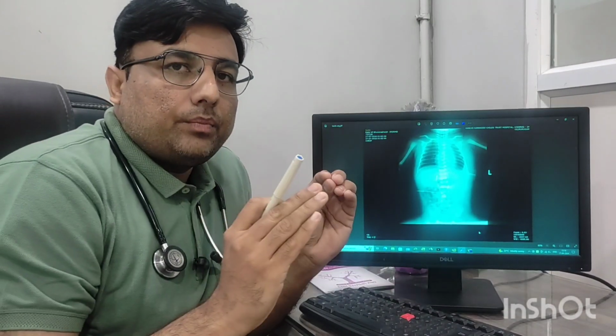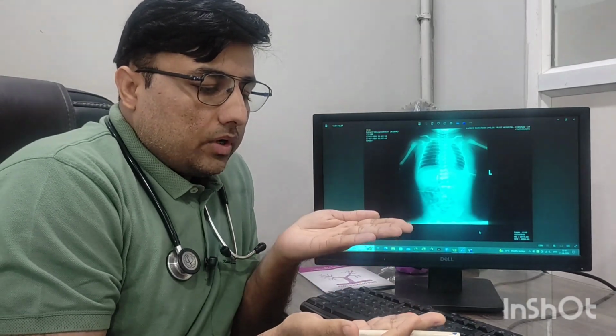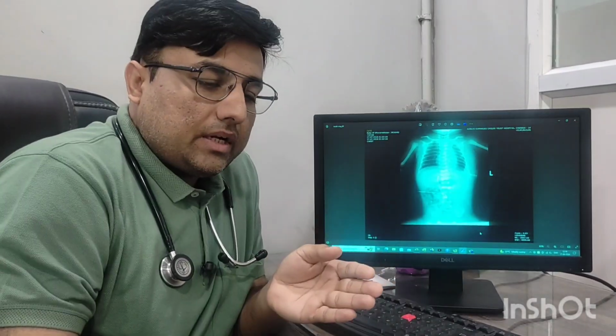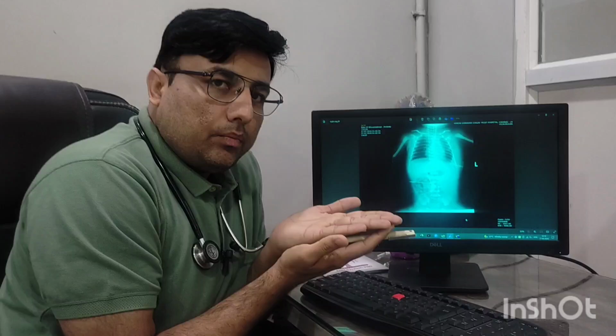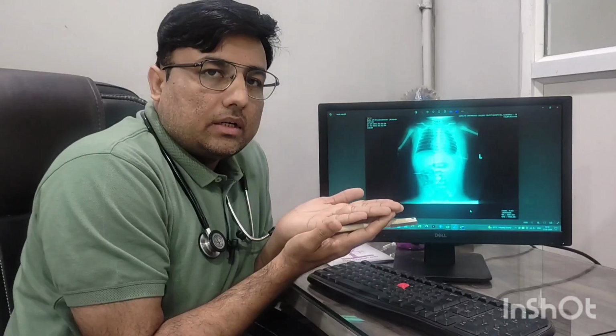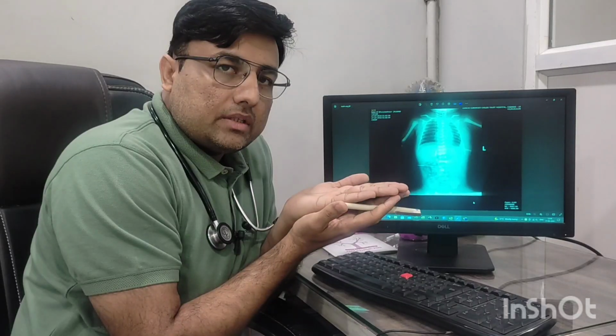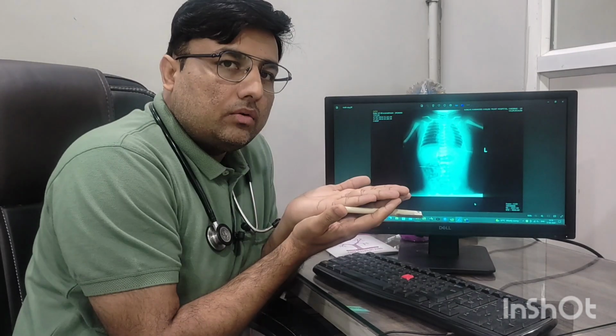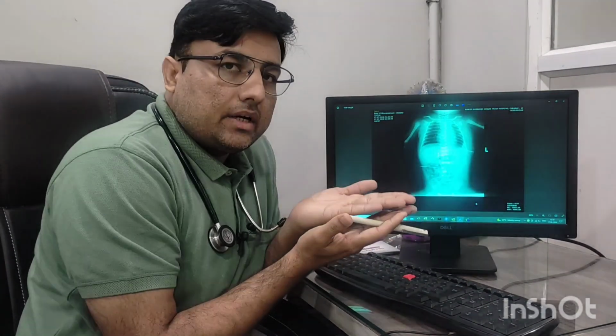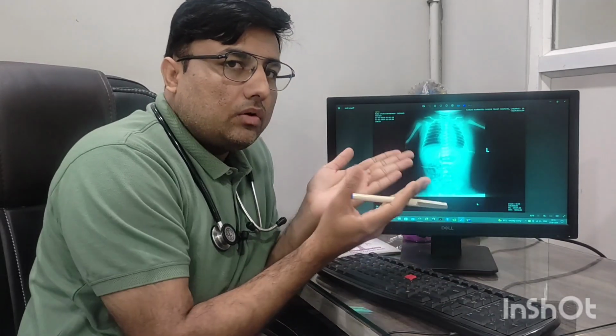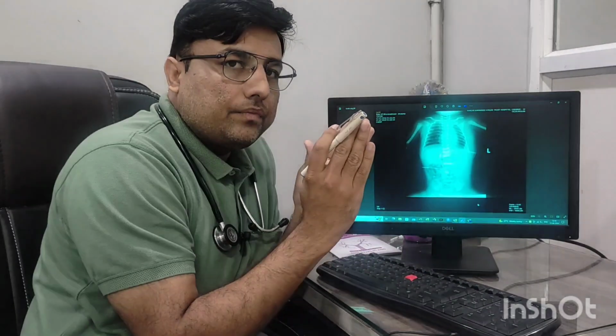One concept you can remember: any body part which is nearer to the X-ray plate will look more prominent. In AP view, the vertebral column is near the X-ray plate, so it will look more prominent. Posterior ribs are near the X-ray plate, so they will look more prominent in AP view.